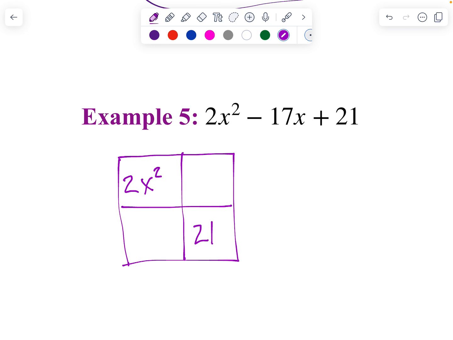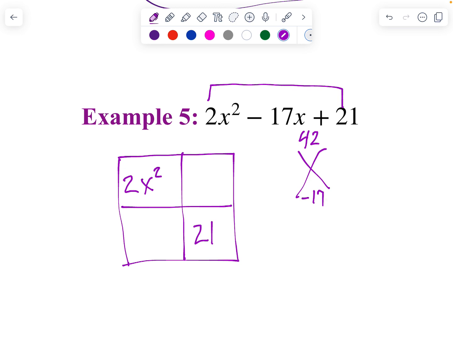Now, I know my two other numbers have to add to negative 17, so I know they're both going to be negative. I multiply 2 times 21, and that's 42. So I'm looking for two numbers that multiply to 42, but they add to negative 17.